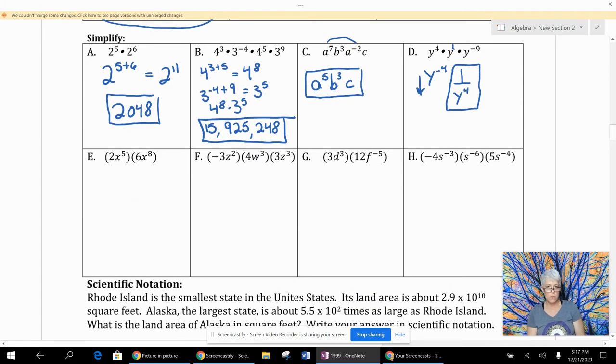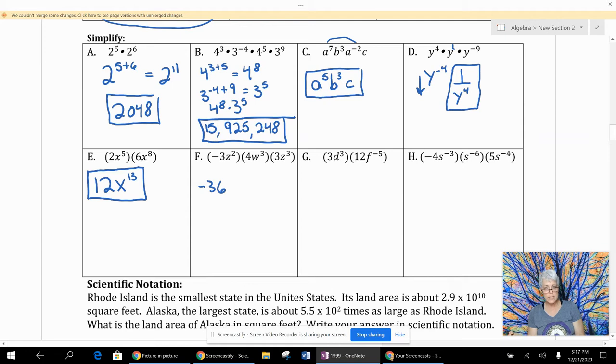Let's look at the next one. We have numbers and we have variables this time. So I'm going to combine like terms. 2 times 6 is 12, and then it's x to the power of 13. Remember, they have to be like terms. The next one, if I look at all of the numbers, negative 3 times 4 times 3, I get negative 36.